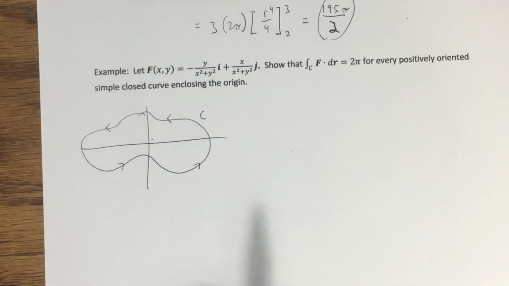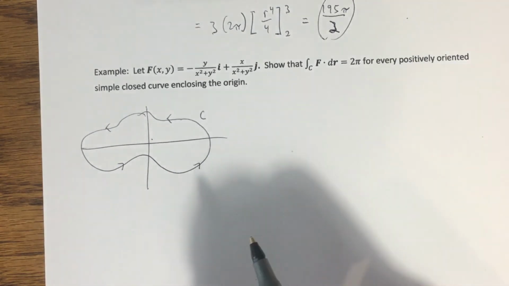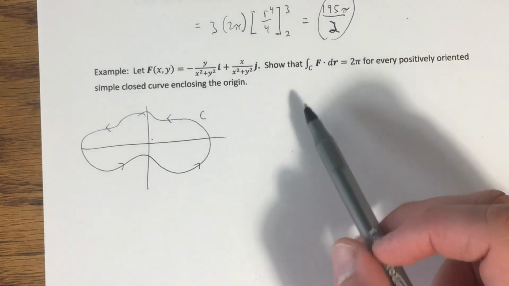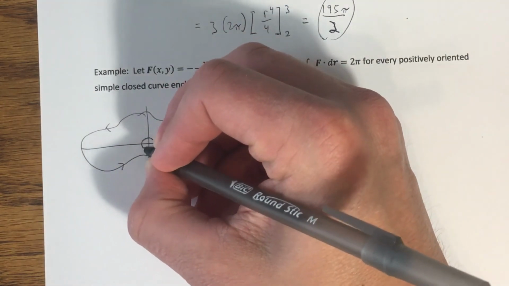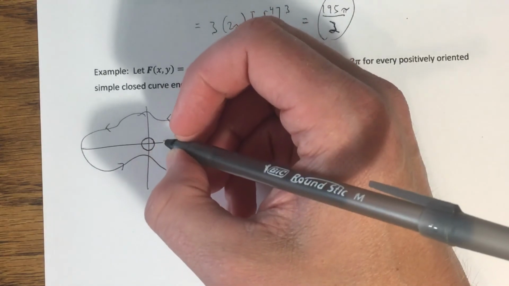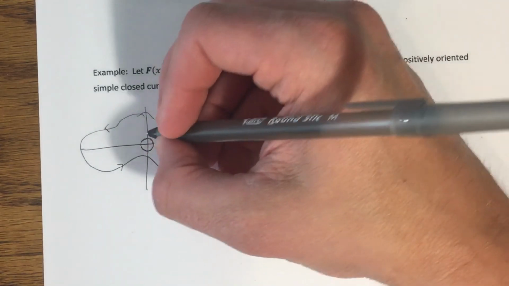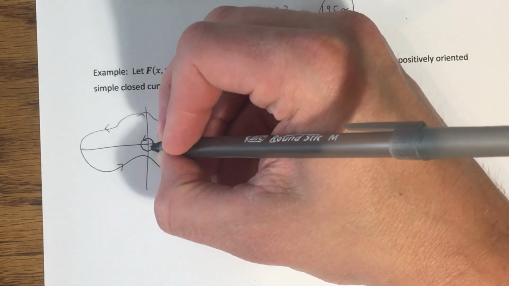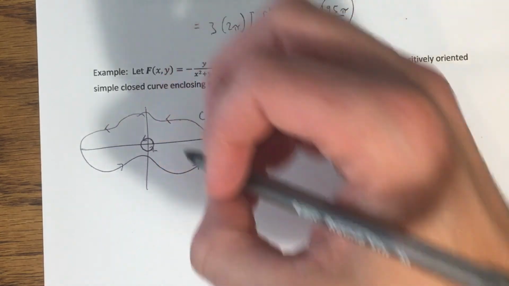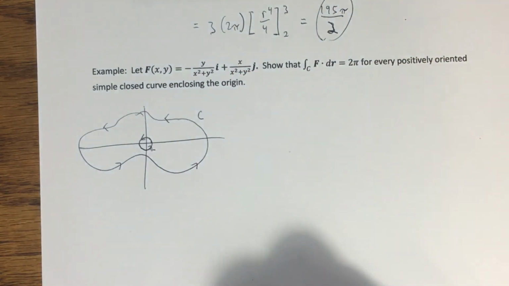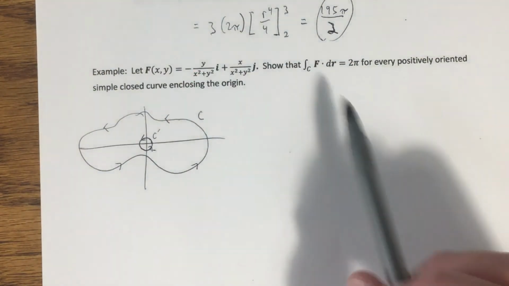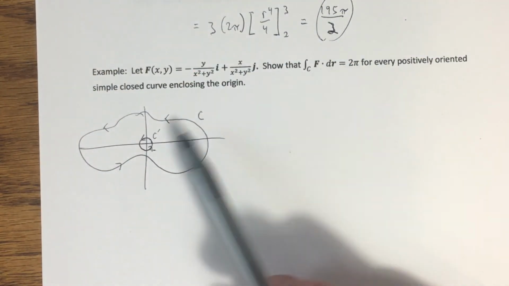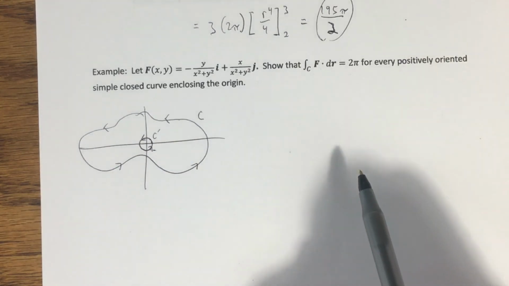Now, if this theorem is going to be true, and I could treat this like a theorem, then I should be able to find a little tiny circle that surrounds the origin that is also oriented positively, so that it encloses the origin. And I'm going to call that C prime, and that should also have a line integral of f dot dr over that little C prime right there of 2 pi.